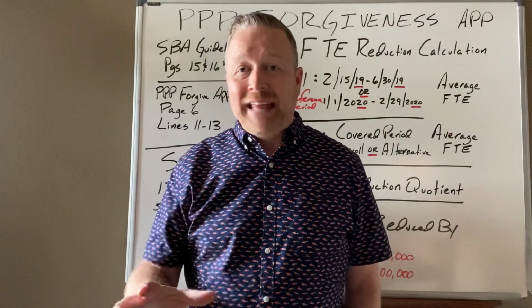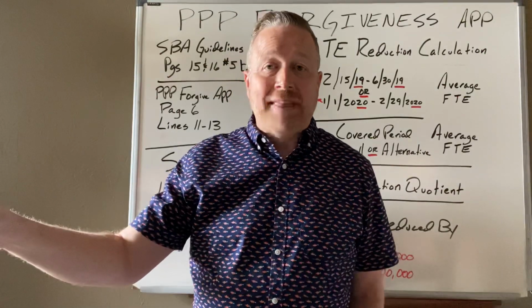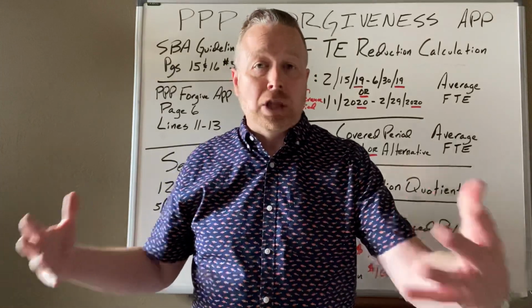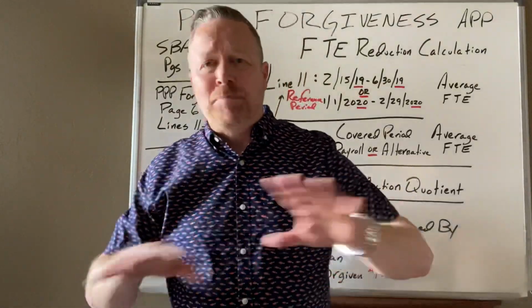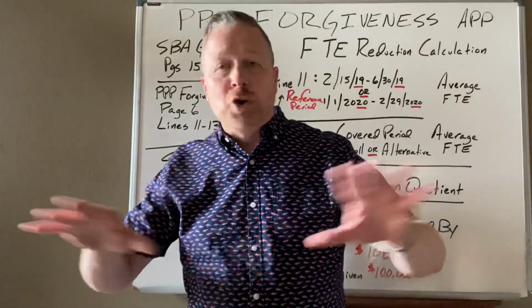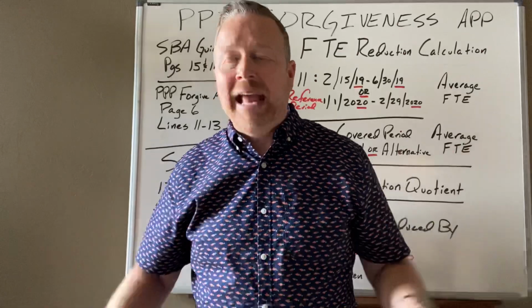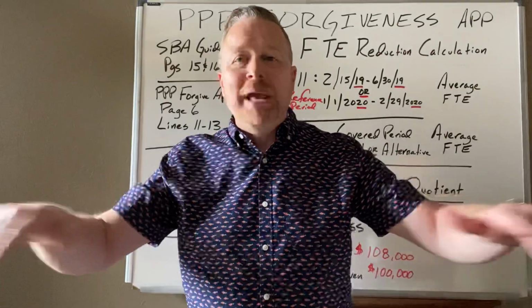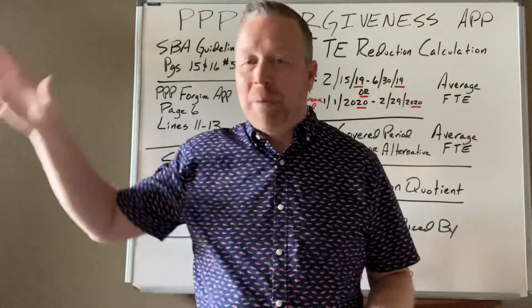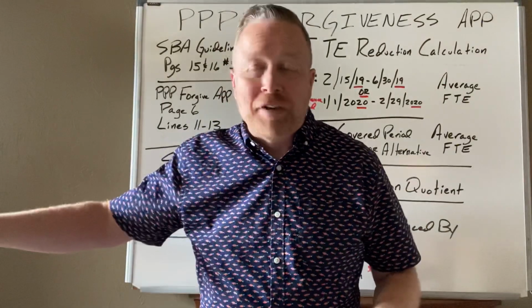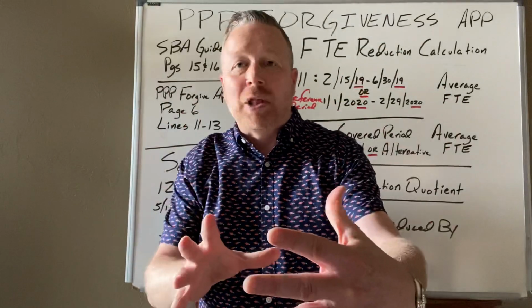So let's just say that you get $108,000, that's your PPP loan, okay? And you've done everything right and perfect. You paid your employees, no one went on PUA, no one left, you didn't miss a beat, you paid everybody the same the entire time as you paid them on February 15th. The expenses were all included.